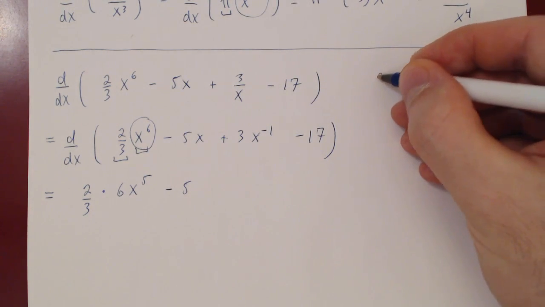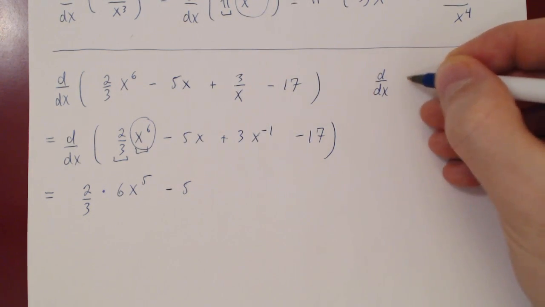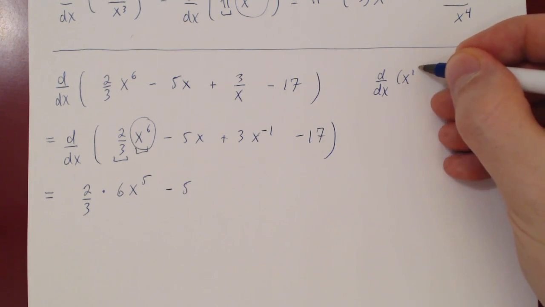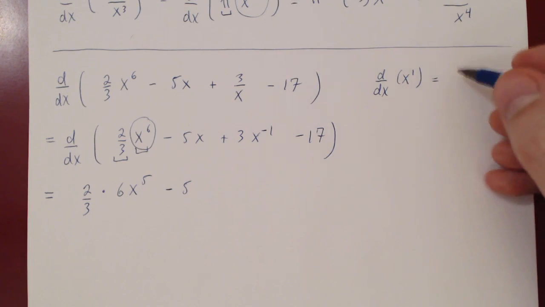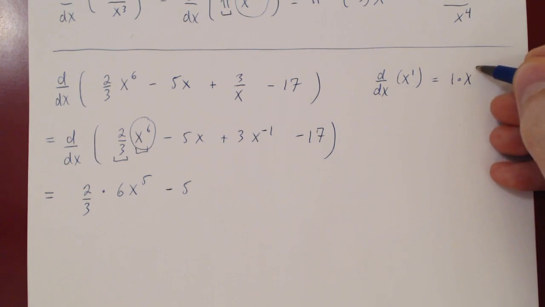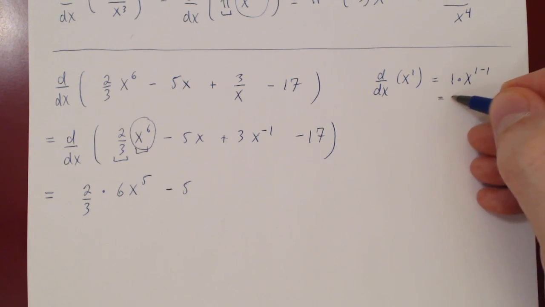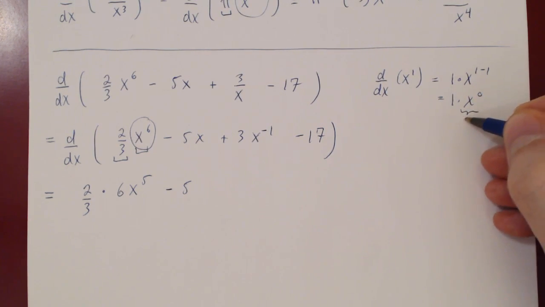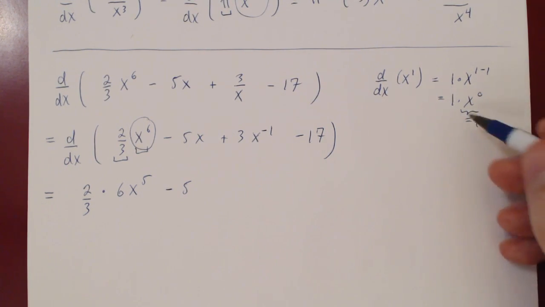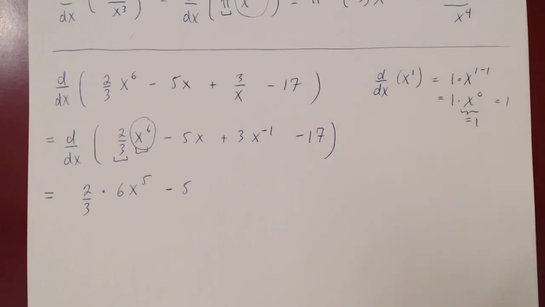If you think of the power rule, d over dx of x is x to the 1, well, you bring the power down, so you bring 1 down times x to the 1 minus 1, but that's just 1 times x to the 0, and x to the 0 is equal to 1. So all you have is 1 times 1, which is 1.